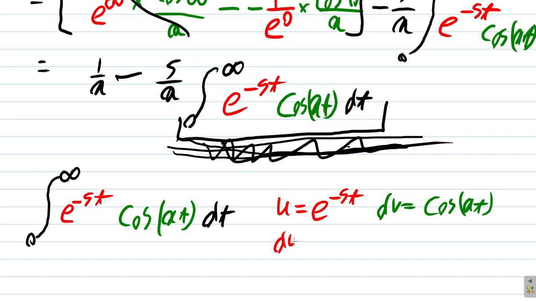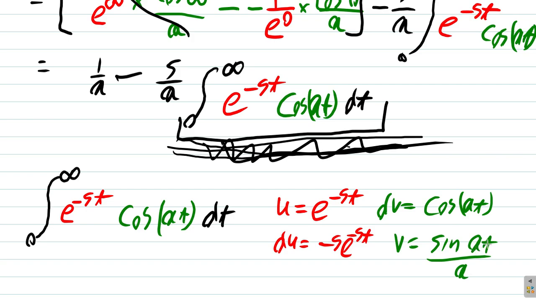Alright, du would be negative s e to the negative st, and v would be, when you integrate cos, what do you get? When you differentiate sine, you get cos, so when you integrate cos, you get sine. So sine at over a.